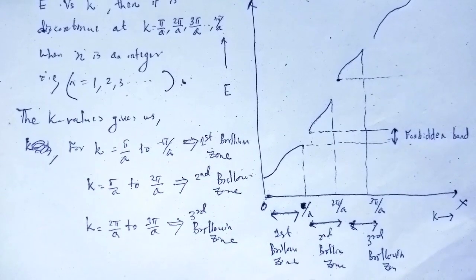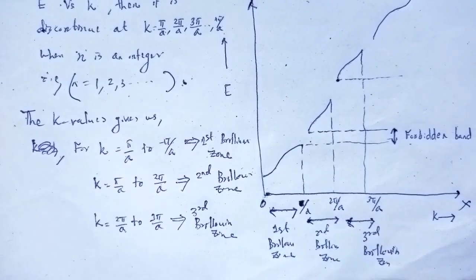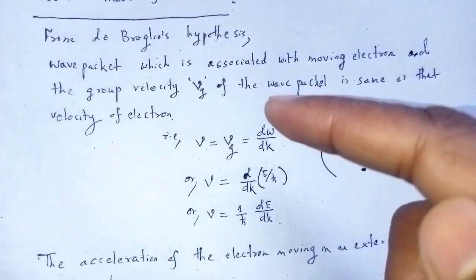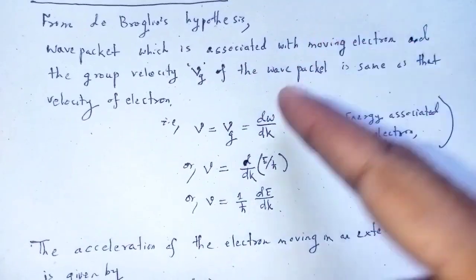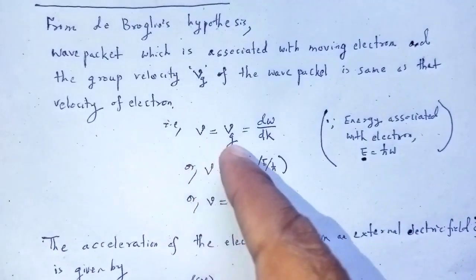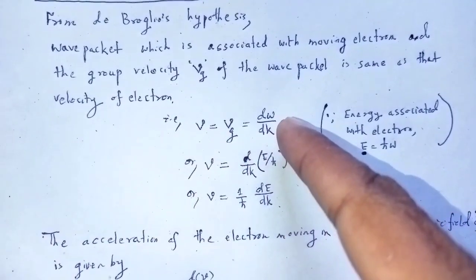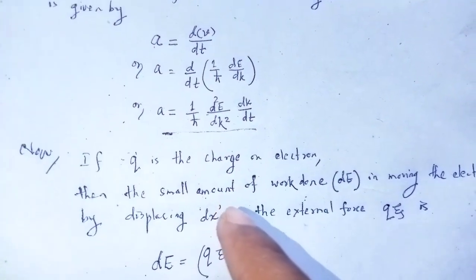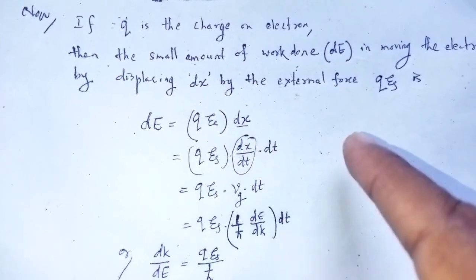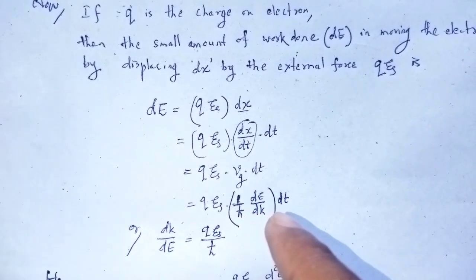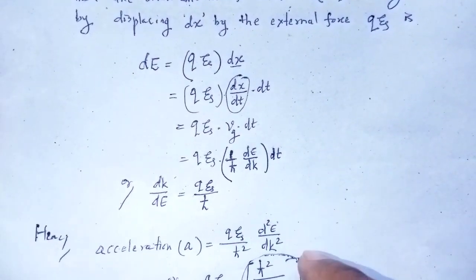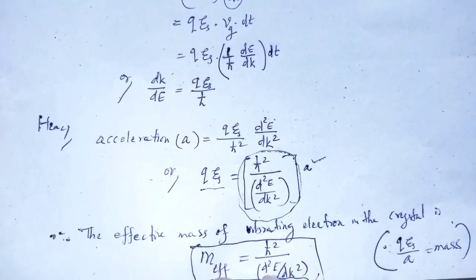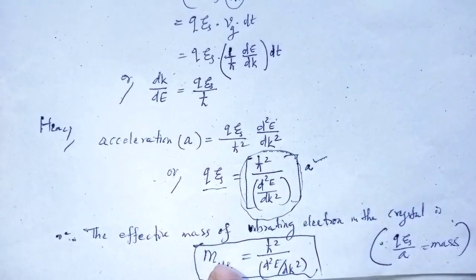Various Brillouin zones are calculated. Next, the effective mass of an electron from the de Broglie hypothesis, the velocity is equal to the group velocity, then the acceleration expression. Using that equation, force is equal to mass into acceleration, we confirm the effective mass of the vibrating electron in the crystal.